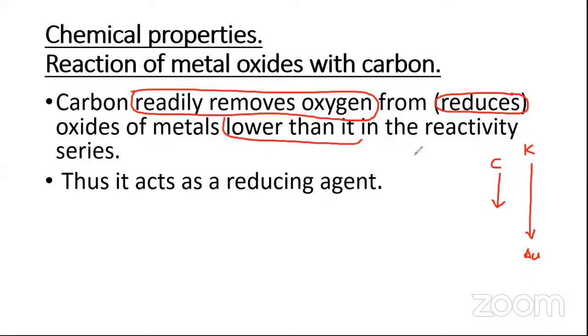Then Deborah. Excuse me, teacher. In the definition of reducing agents, they say an element that can remove oxygen from a substance or add hydrogen. Does carbon also add hydrogen, since it's a reducing agent? We have different reducing agents.